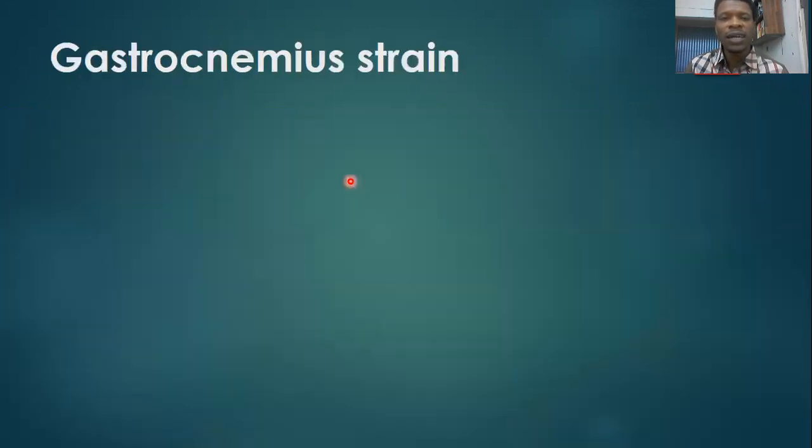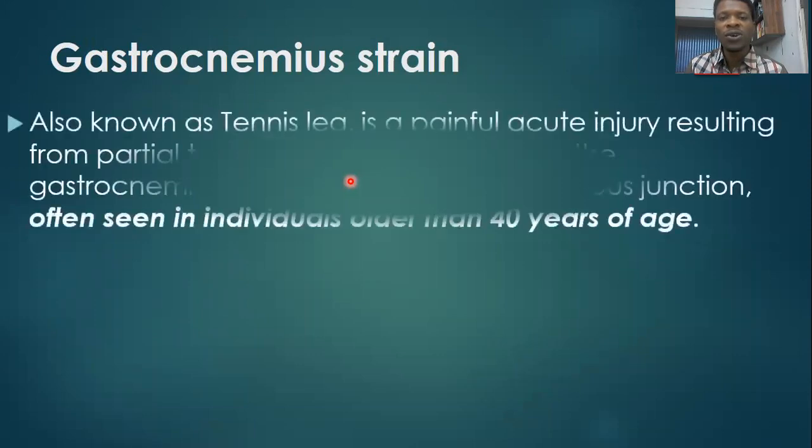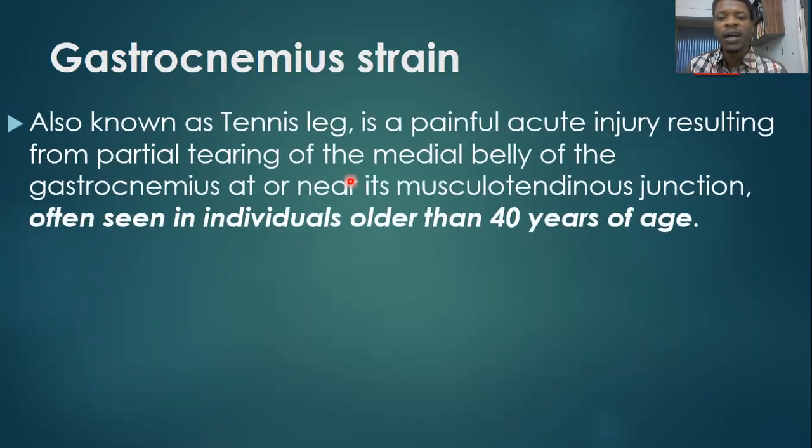Okay, so let's look at gastrocnemius strain, and this occurs a lot in those who are older than 40 years old, who involve themselves in sports without really warming up their muscles. So they involve themselves in spontaneous sprints, all right, without really warming up their muscles and all that. That could lead to a tear in the belly of the gastrocnemius.